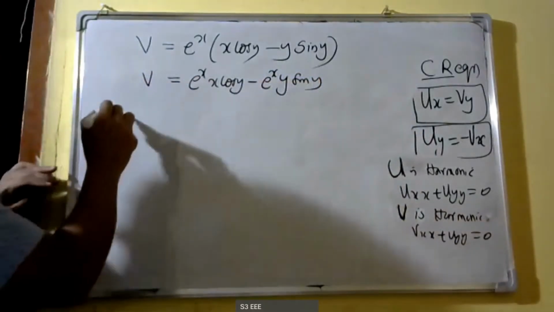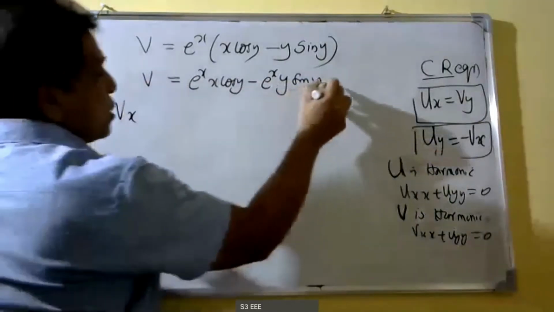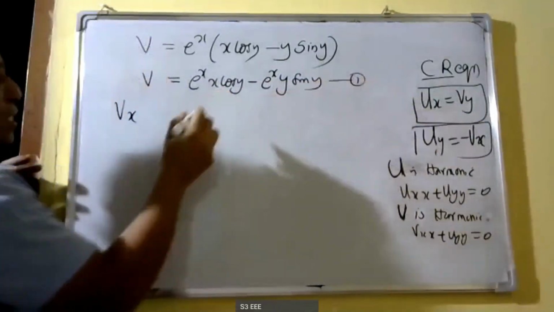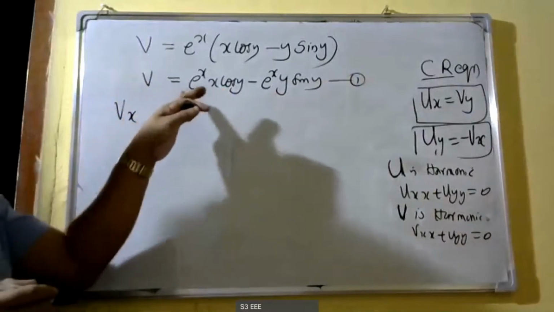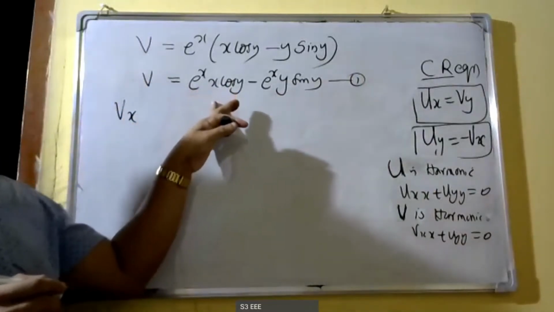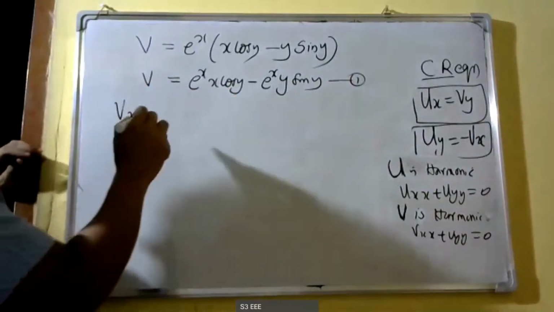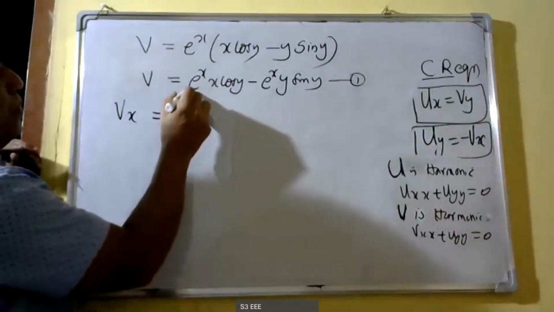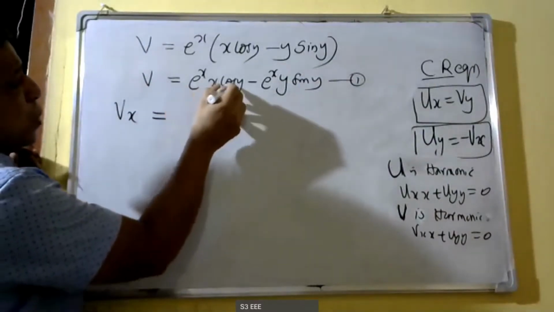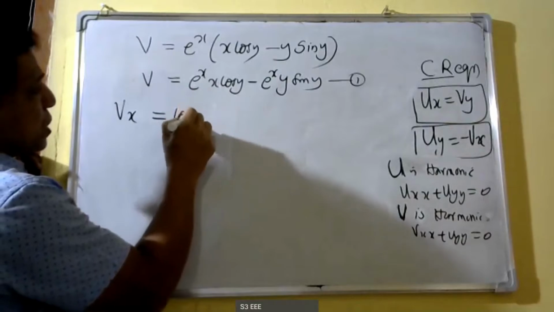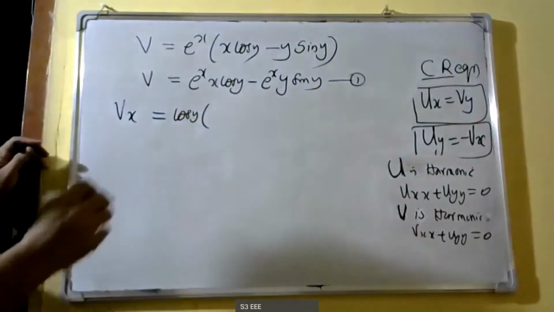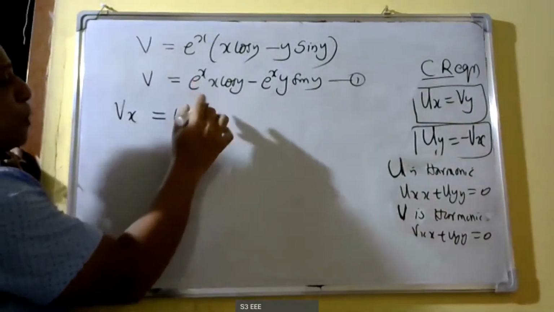Then take Vx. This is equation 1. Partially differentiating this equation with respect to x, we get, when differentiating e raised to x into x cos y, treat cos y as constant. Then for e raised to x into x, we apply the product rule.